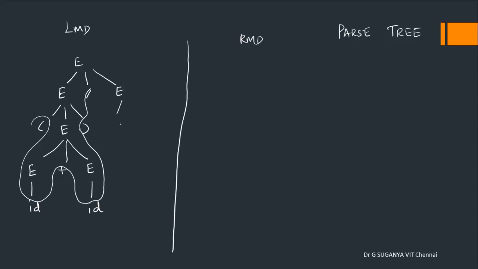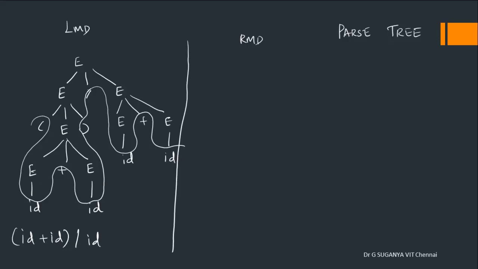Okay, then again we also need to have id plus id after slash. So in order to arrive at that, you just expand it using the first production and further by the last production. So if you read out the contents of the leaf nodes, fine, it gives you bracket id plus id slash id plus id.